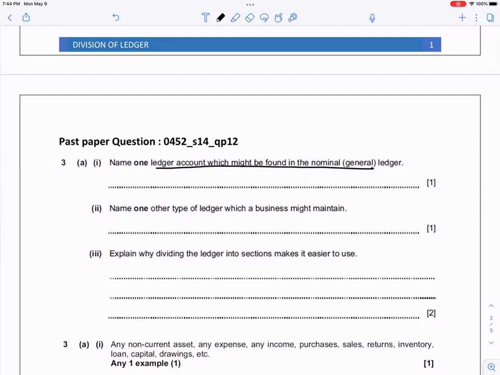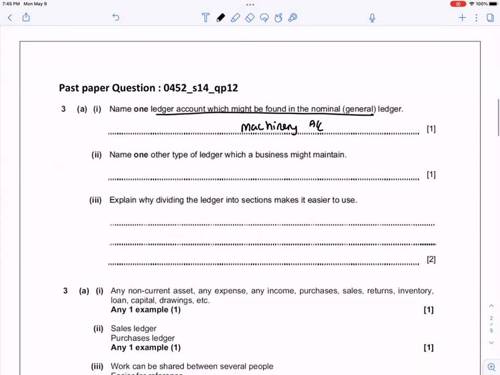Purchase of machinery is not an account; machinery is an account. Okay, what other account? Dividends. Commission. Okay, fine.